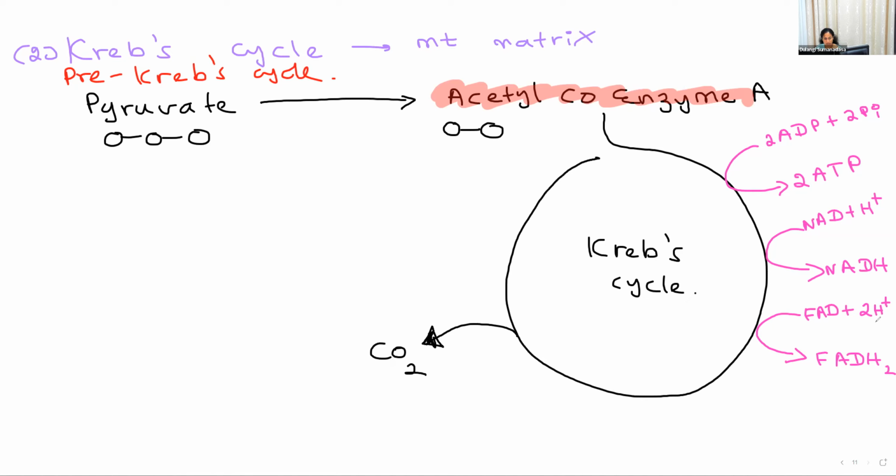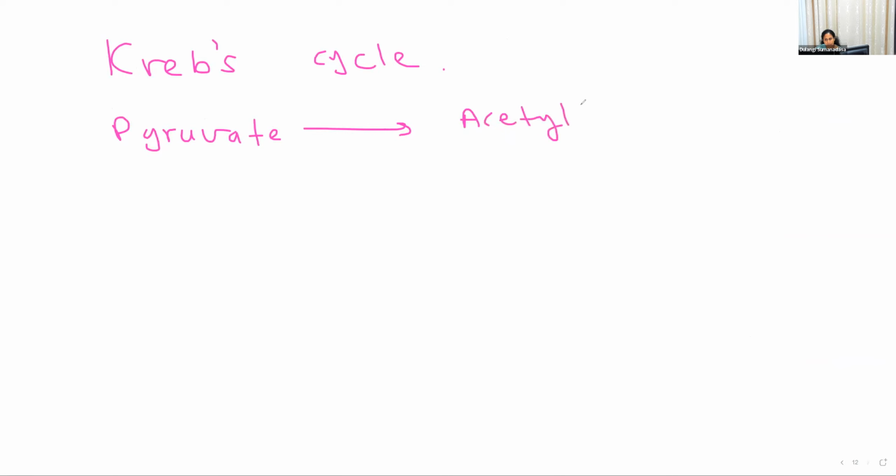Is the Krebs cycle clear? So I'm going to go to the next page and write down what we did. So during the Krebs cycle, the pyruvate broke down into acetyl-CoA. And then acetyl-CoA further broke down into carbon dioxide.